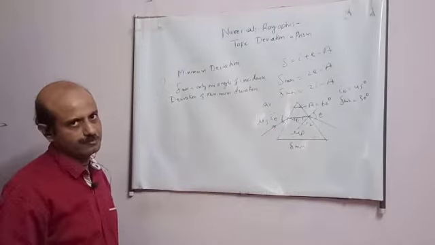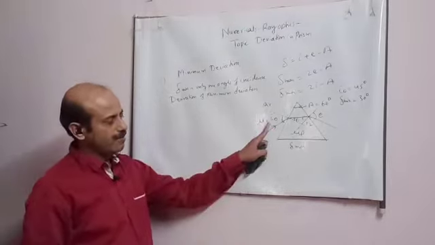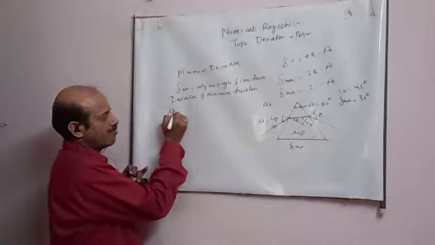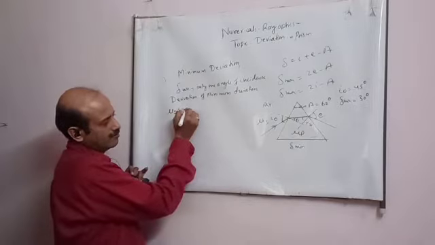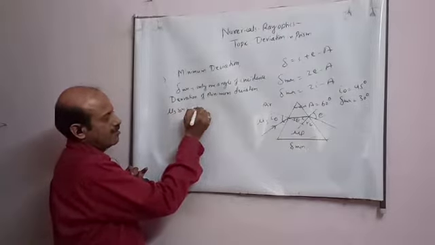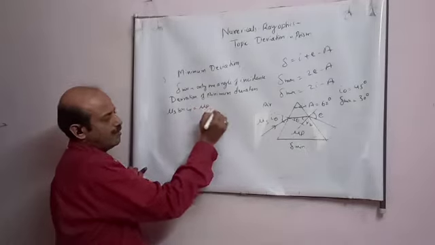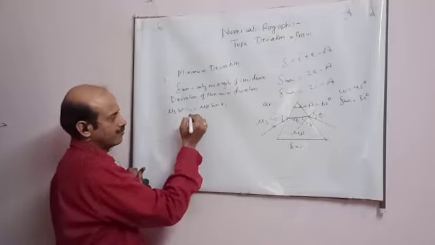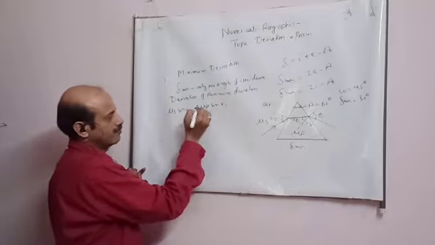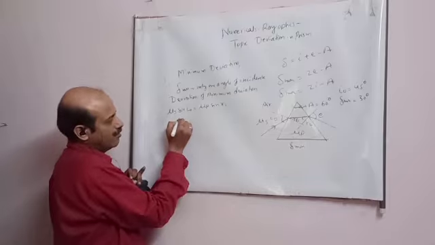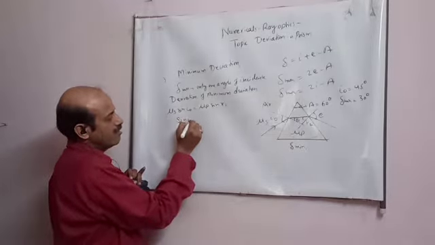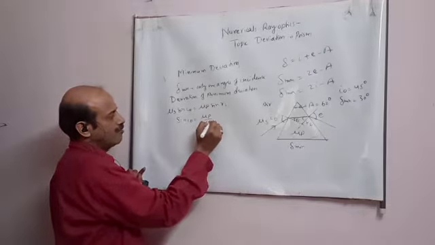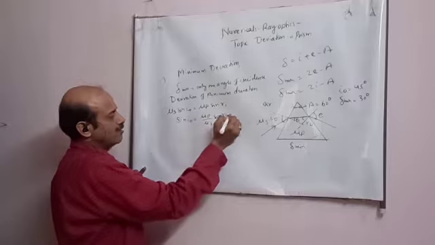Now here I am applying Snell's law again. So mu s of surrounding, sine I0 is equal to mu p, refractive index of prism, sine R1. So from here I can write sine I0 is equal to mu p upon mu s sine R1.